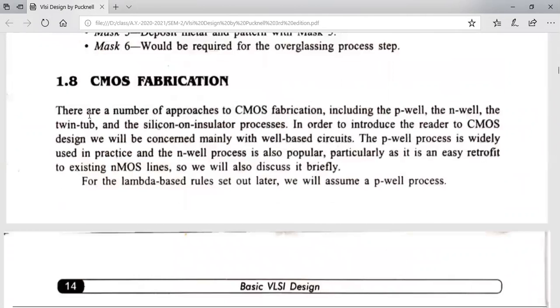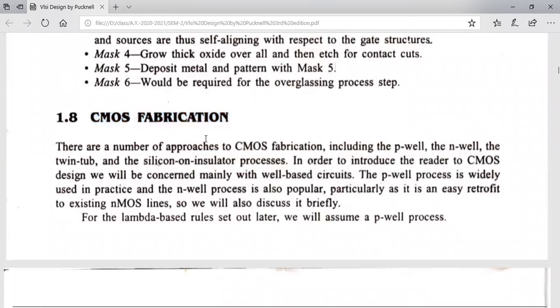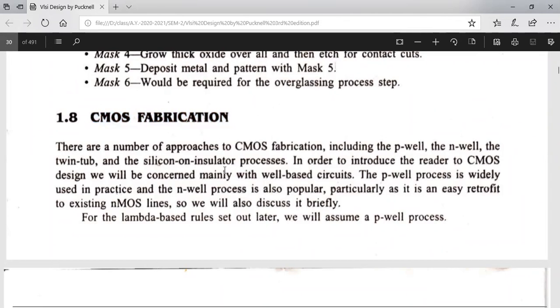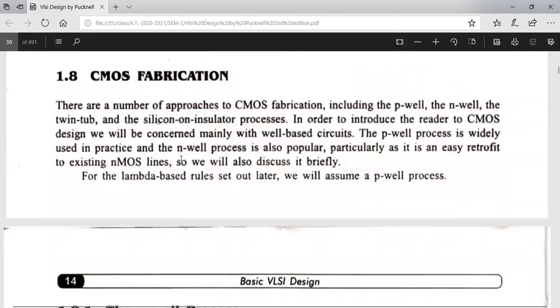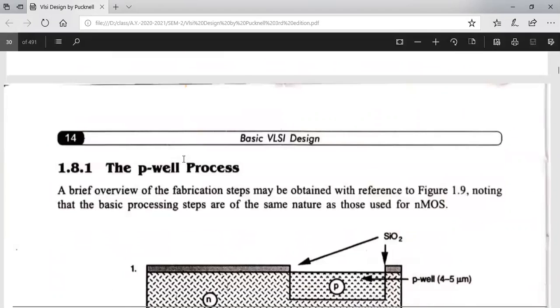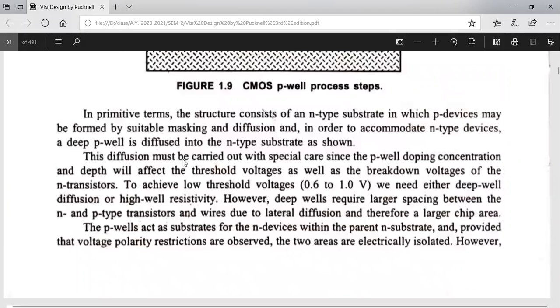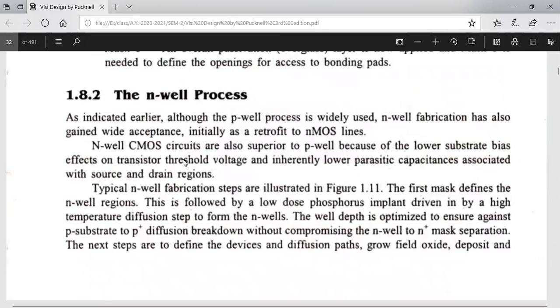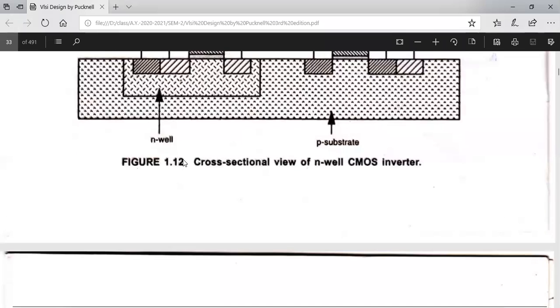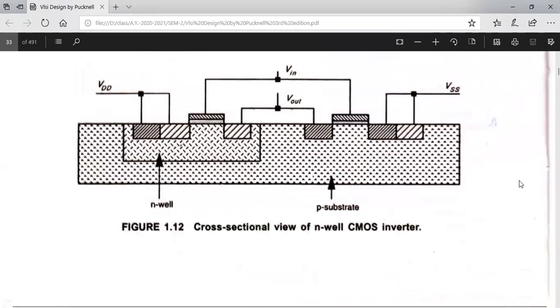So we have the CMOS fabrication process also, and this CMOS fabrication process is done in three methods. One is the P-well process, the other one is the N-well process, and the other one is the twin tub process.